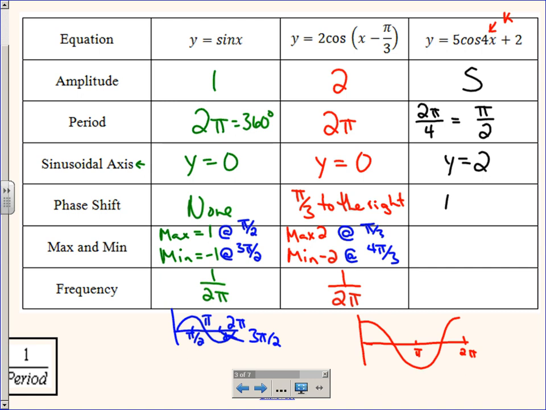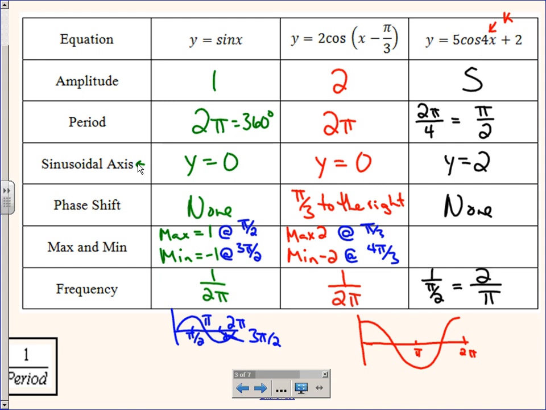Phase shift, we had none. Maximum we'll deal with in a second. The frequency, it's now 1 divided by pi by 2, which is 2 over pi. So that's our frequency. But I wanted to worry about the max and min stuff. Sorry, let me back up.